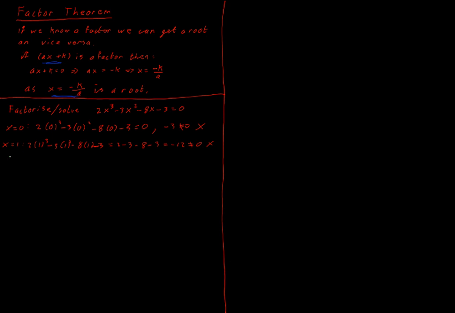So x is equal to 1 is not a root. Next one I try is x is equal to minus 1. Then x is equal to 2, then x is equal to minus 2, and so on until I find one that works. And they shouldn't make it too awful hard for you.